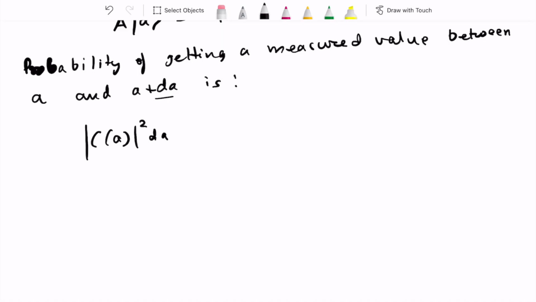Okay, and now what is that going to be equal to? It's exactly similar to what we had before. The Ca is just obtained by taking the scalar product of the eigenstate with the state the particle is in.